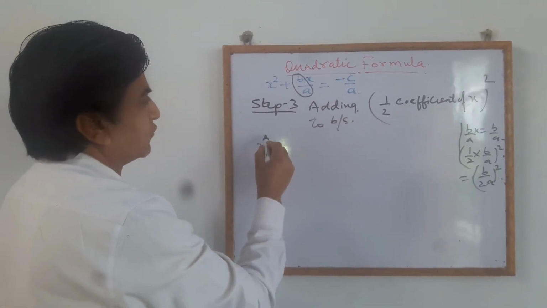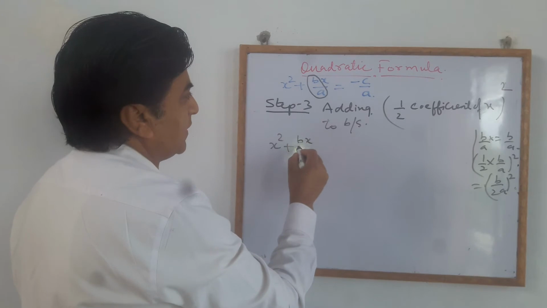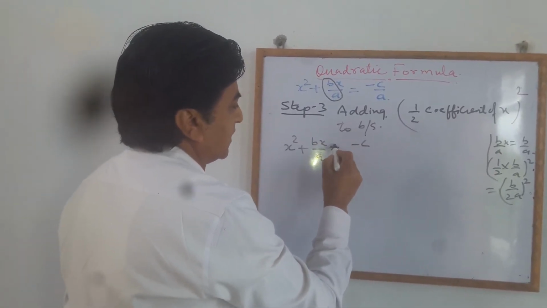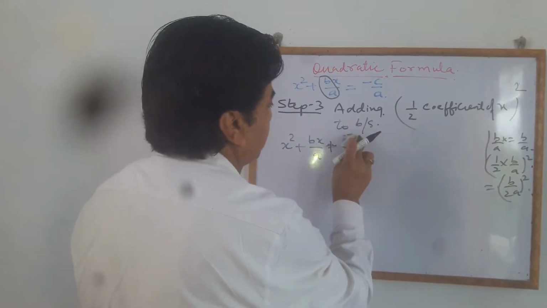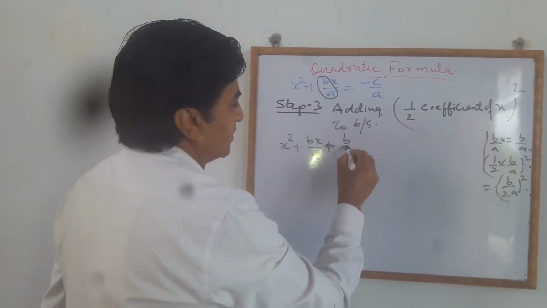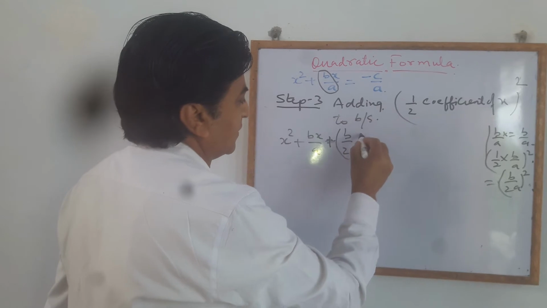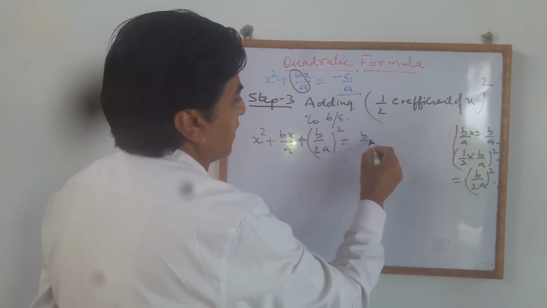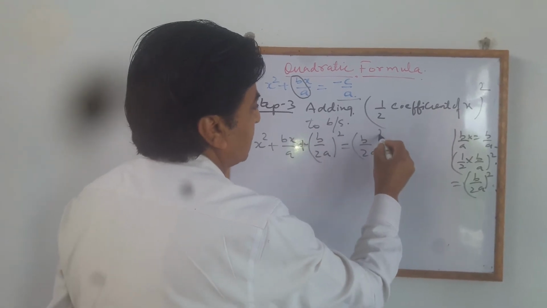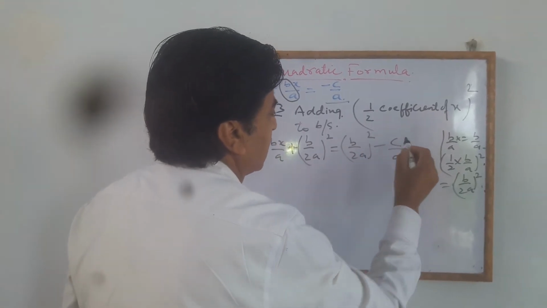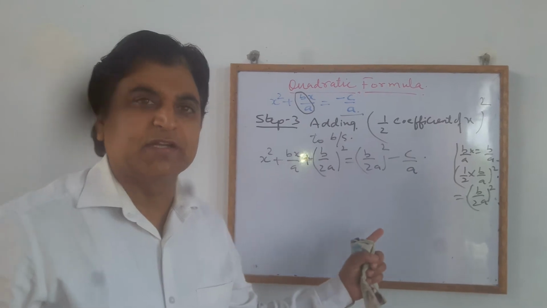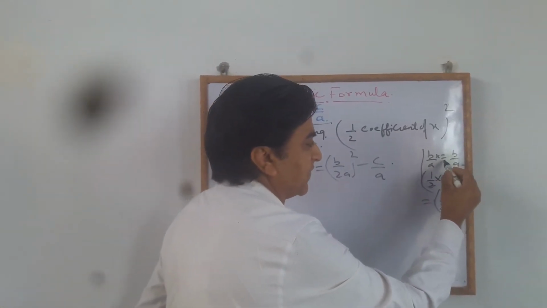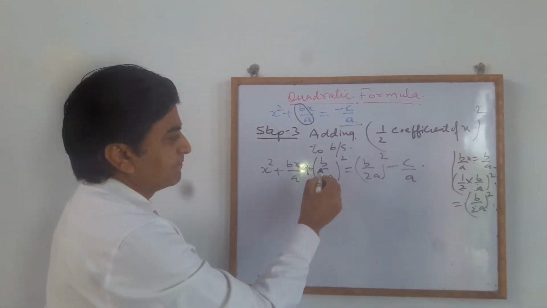Let's add. x square plus bx upon a is equal to minus c upon a. First let's add b upon twice of a whole square here, and on this side b upon twice of a whole square minus c upon a. Any doubt till here? What we did in this step? We have added half of the coefficient of x whole square to both sides.